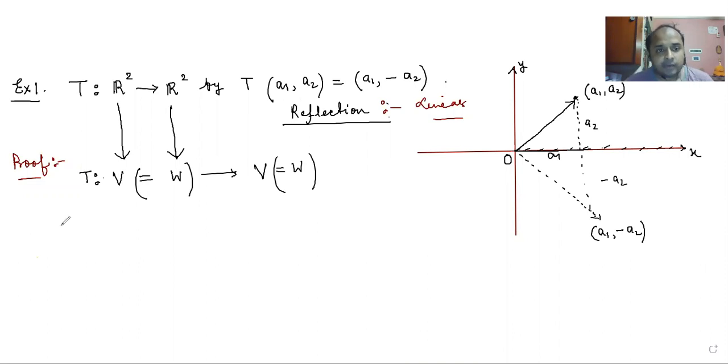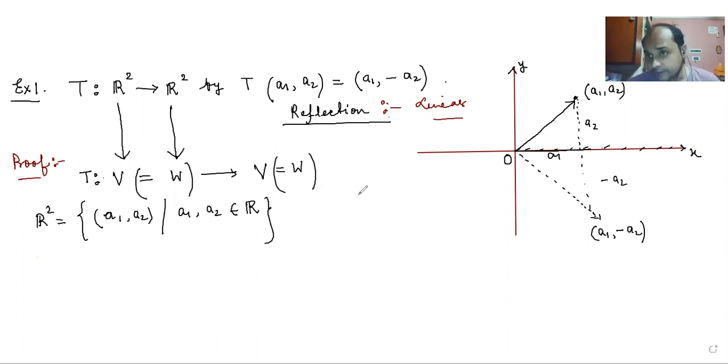Okay, now you know that in the two-dimensional space R2, the points are of this form: (a1, a2), two-dimensional points with coordinates a1 and a2, which are scalar quantities, and the field F is the set of real numbers.